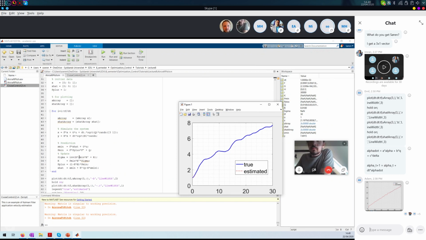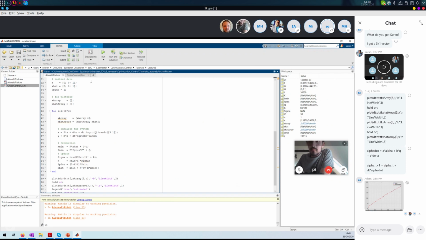Okay, so I guess we get the same result then, because I get pretty much the same. Yeah, that's correct. What else are we supposed to do? That's it. If I zoom in, it's exactly the same as yours. Okay, that's good.